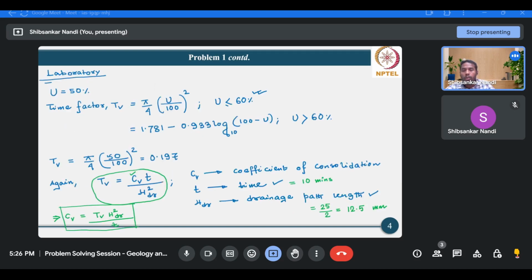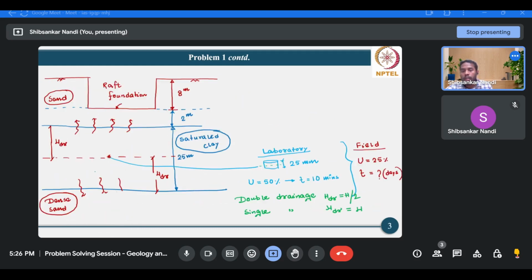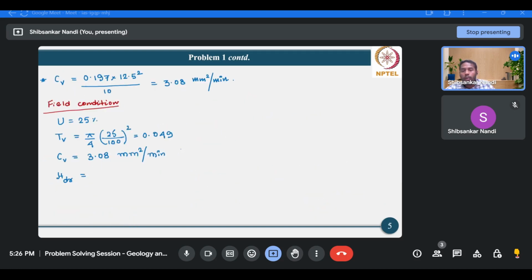So your HDR value for the field condition will be, what is the thickness of the saturated clay layer? It's 25, therefore 25 by 2, that means 12.5 meter.